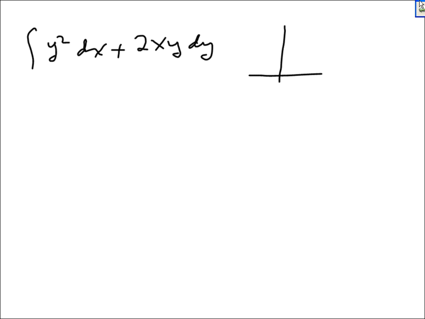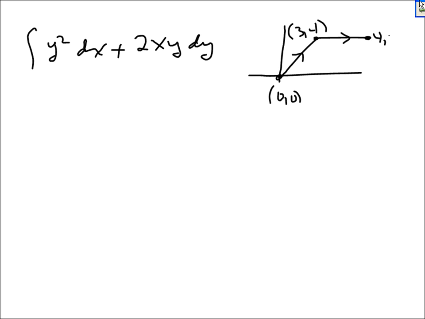Suppose you wanted to integrate y squared dx plus 2xy dy, and the path is as follows. That, of course, is (0, 0). This point is (3, 4).